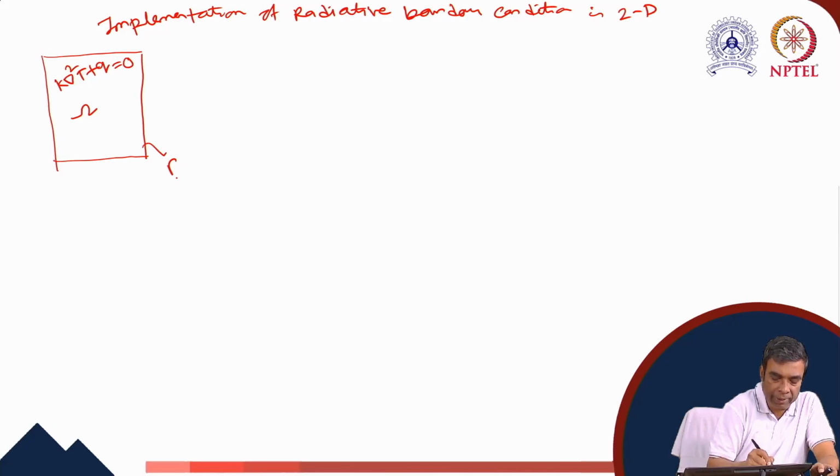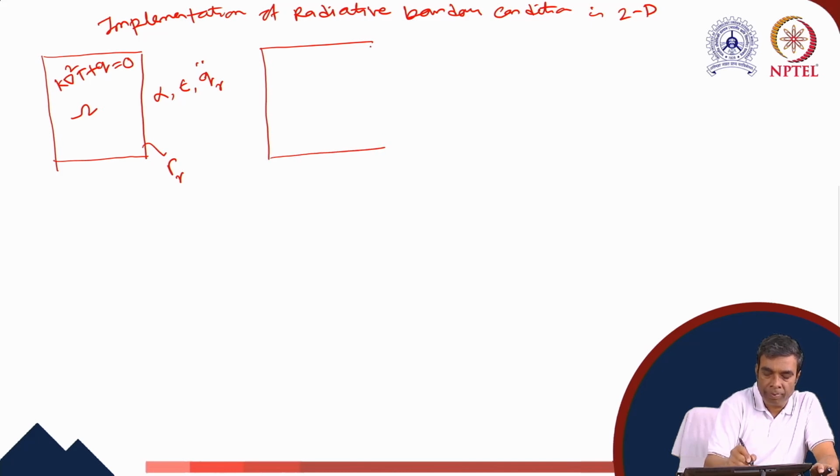We denote this as gamma R. So at the right boundary, we are provided with absorptivity alpha, emissivity epsilon, and the heat received as QR double dot. So we consider a 4-noded bilinear quadrilateral element at the right boundary and illustrate the boundary condition implementation.